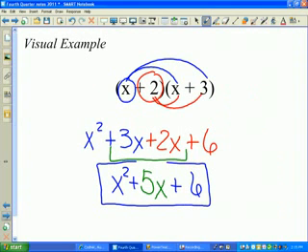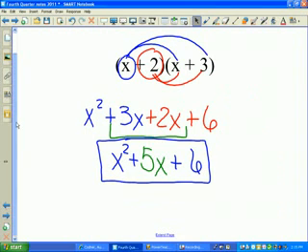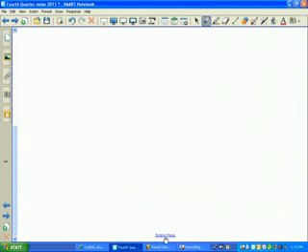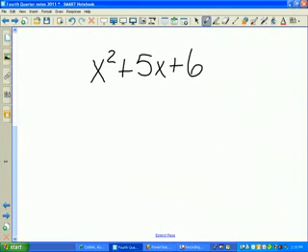And this was how we would do the distributive property. You notice, originally we started out with 2 binomials, and once we did the distribution, we came up with 1 trinomial. So what we're going to do this time is start out with our trinomial, and figure out what the original 2 binomials are.